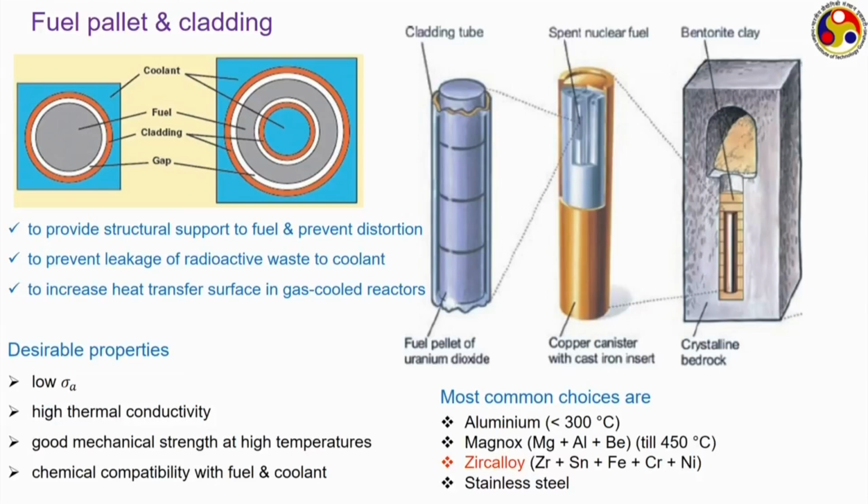Third one, the most preferred one, zircaloy, which is an alloy of zirconium and contains small elements like tin, iron, chromium, nickel, etc. And finally, stainless steel can also be used, but stainless steel may have its own issues.